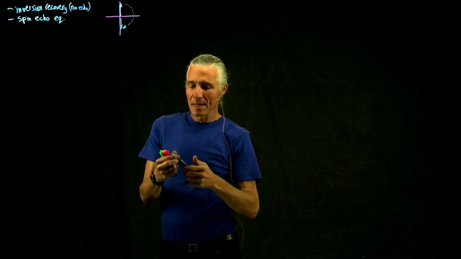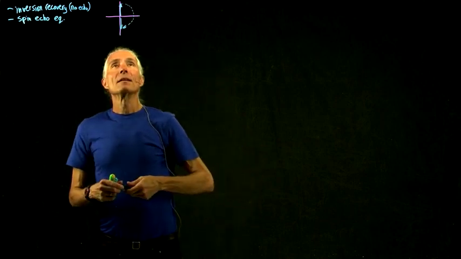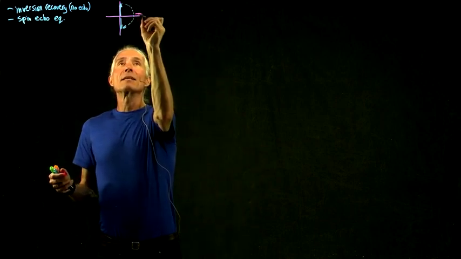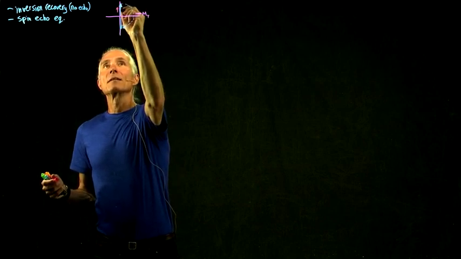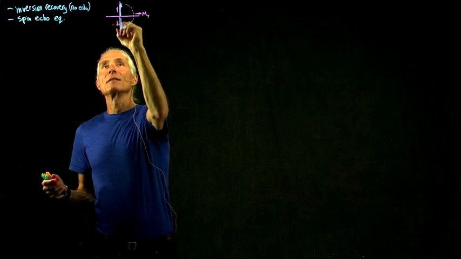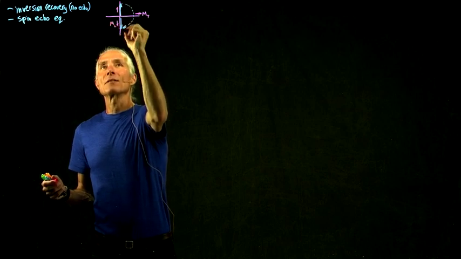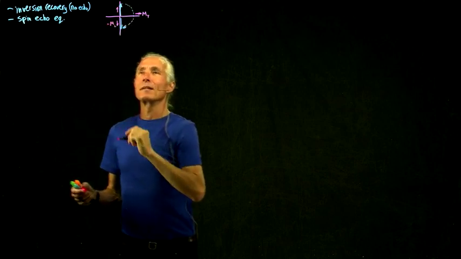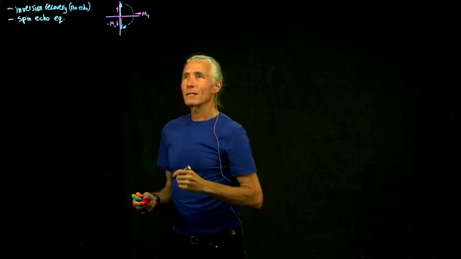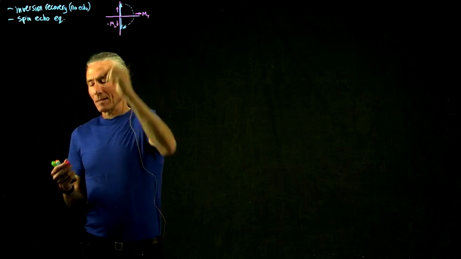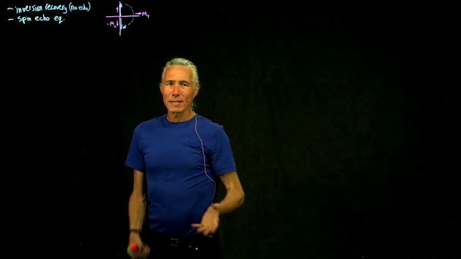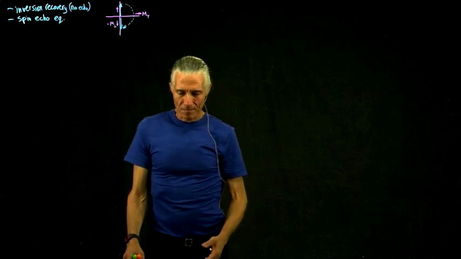Since this direction is transverse magnetization, and this direction is longitudinal magnetization, that's negative longitudinal magnetization. If you do a perfect 180, you don't see any transverse signal.